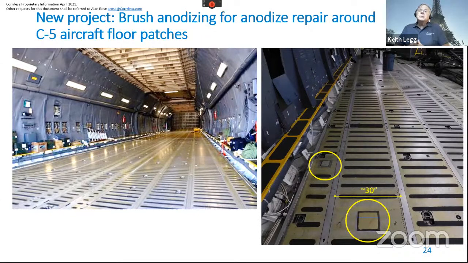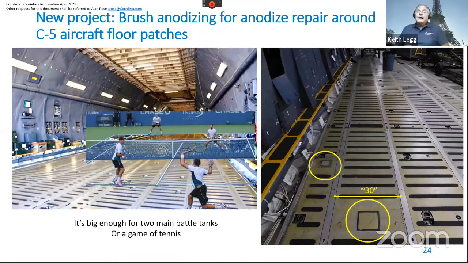We are shortly going to be under contract to do anodizing repairs on the floors of C5 aircraft, which are our biggest aircraft, big enough for 2 main battle tanks. Or big enough to play a game of tennis if you want. Luckily, we don't have to anodize that whole floor. We just anodize the areas around the patches where things have gone through the floor.